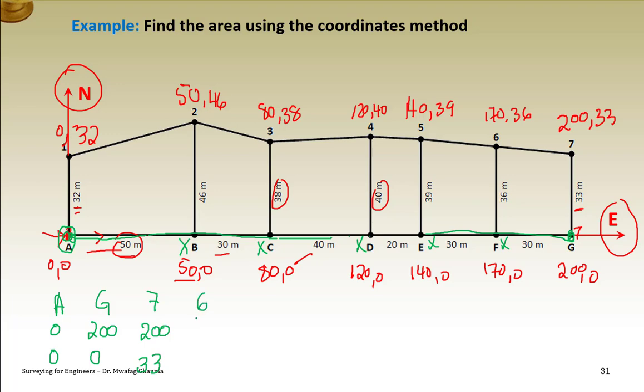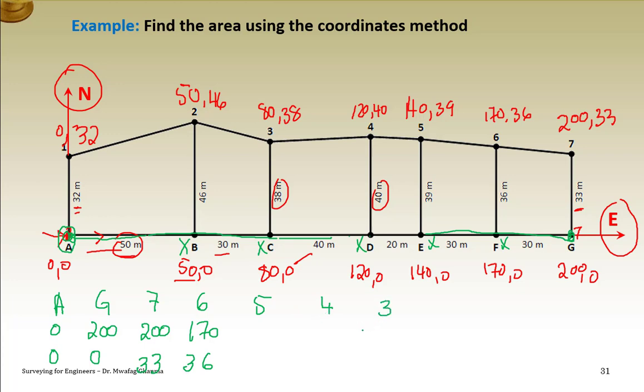Point 6, it is not clear whether points 6, 5, and 7 are on the same straight line. We don't have a clue, so let's put 6 also. Point 6 is 170 and 36. Then 5, then 4, and then 3.